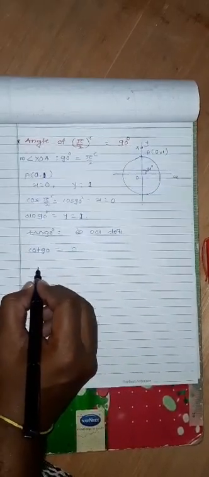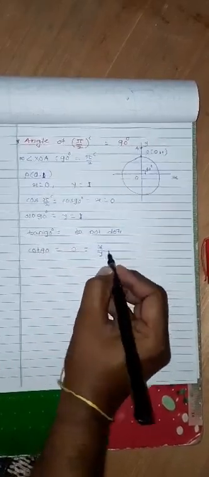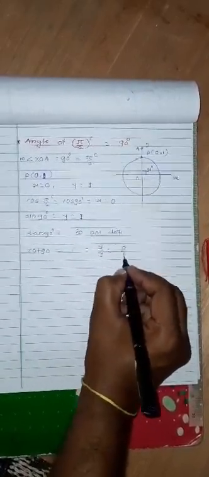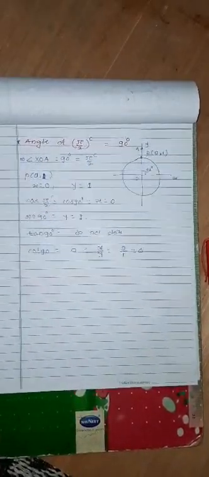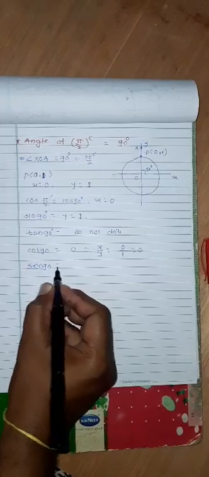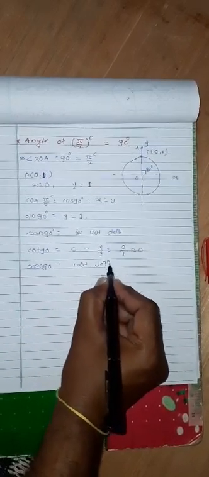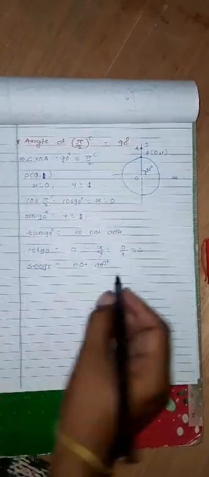How can it be written? It is nothing but x upon y, 0 upon 1, which is 0. See that sec of 90 degrees is also not defined. Why is it not defined?